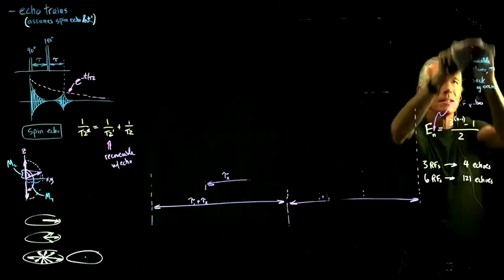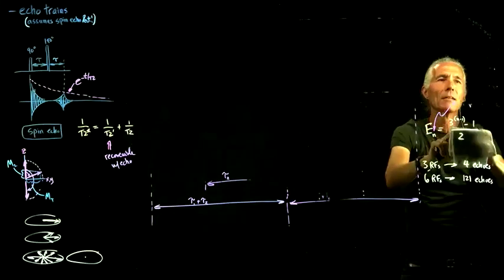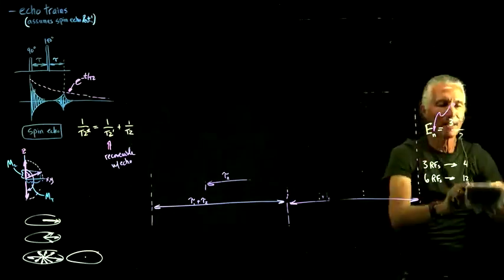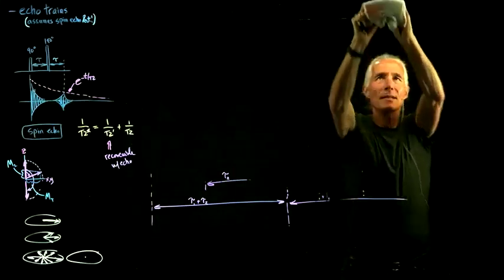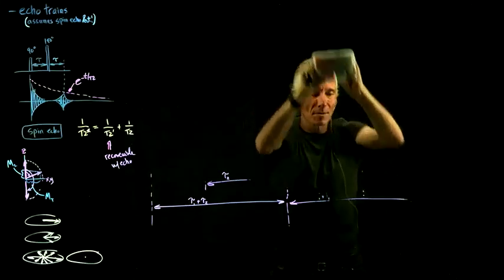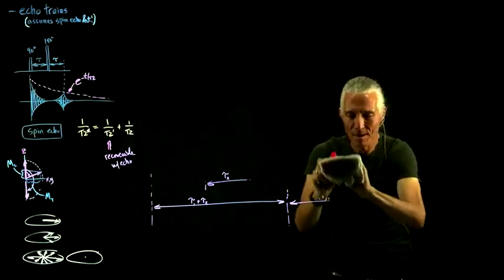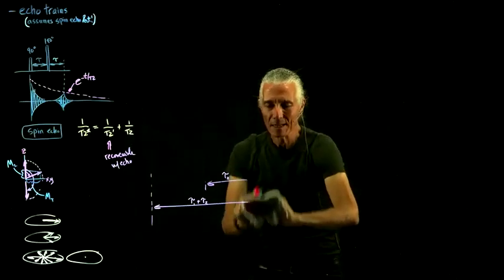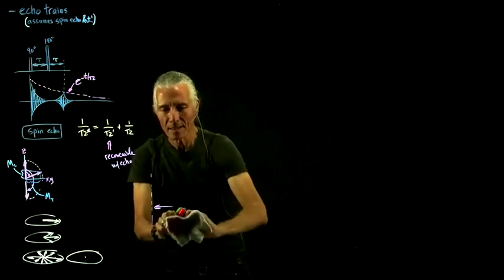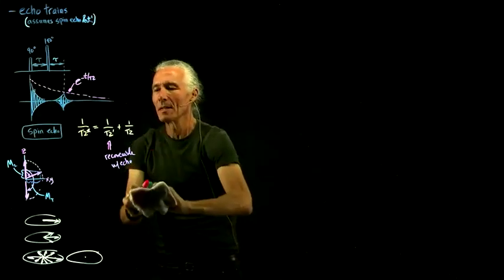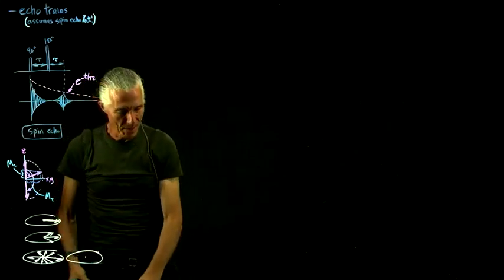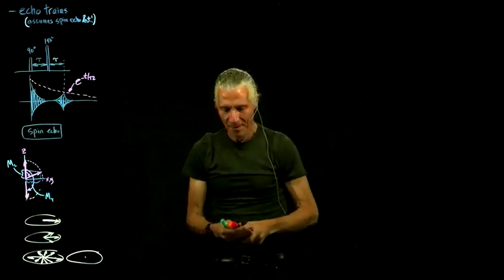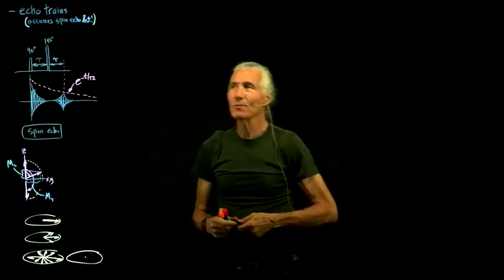One of the first things they did, long before MRI, when they were doing NMR of chemical samples, is a sequence of RF pulses that are evenly spaced with one variation.